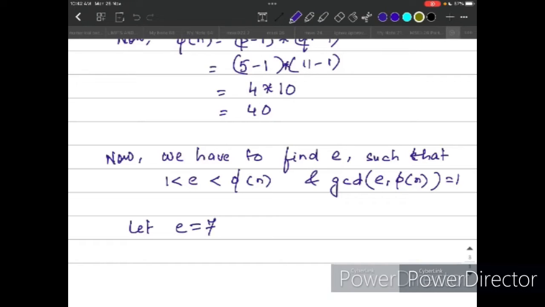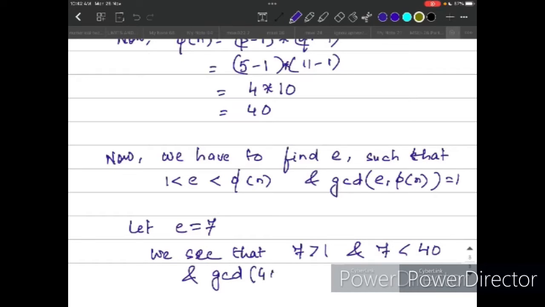Let E equal to 7. I have taken it on my own. E equals 7. We see that 7 is greater than 1 and 7 is less than 40, and GCD of 40 comma 7 is equal to 1.